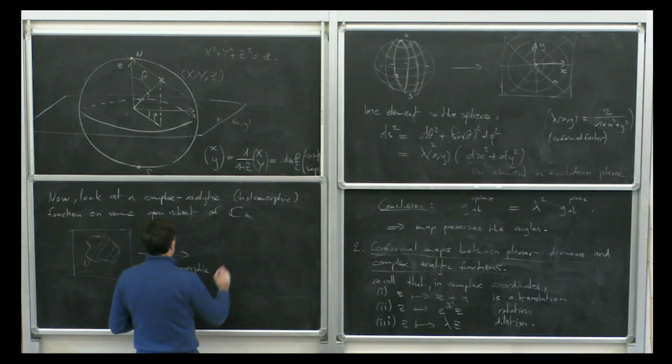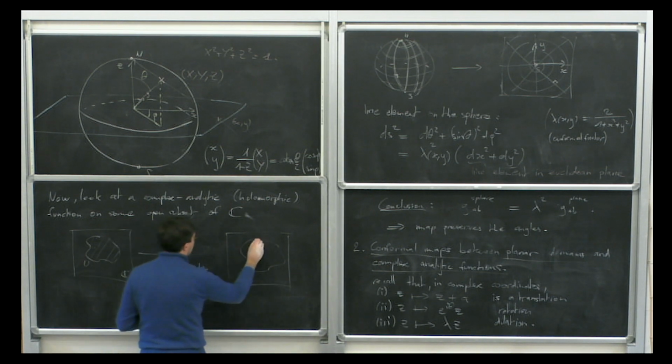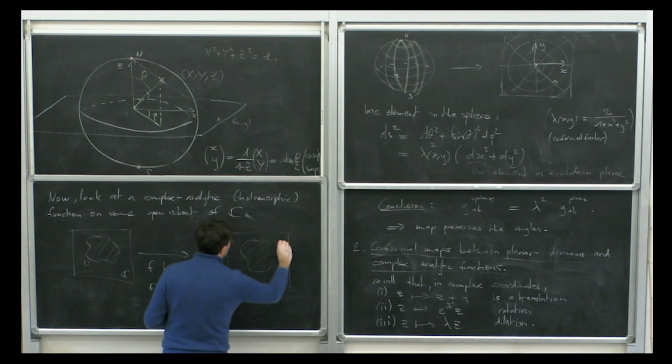So this then gets mapped to some other domain. This domain is different from this one. This is now f of U.